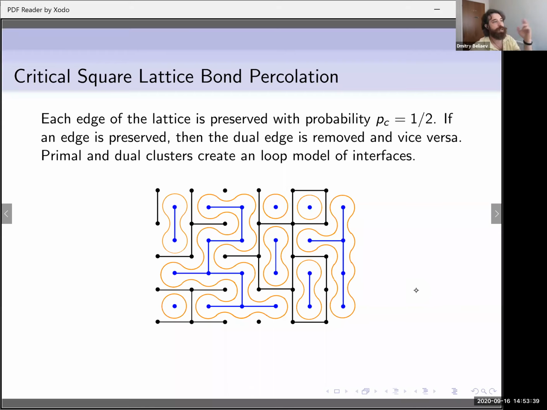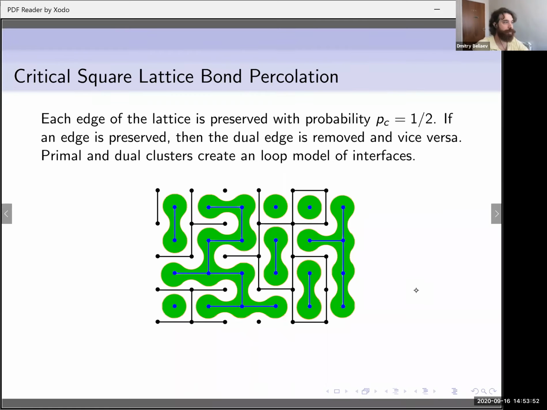Then you get these black connected clusters and blue connected clusters. And then there are these curves that separate blue clusters from black clusters. And they are a model for our nodal domains.